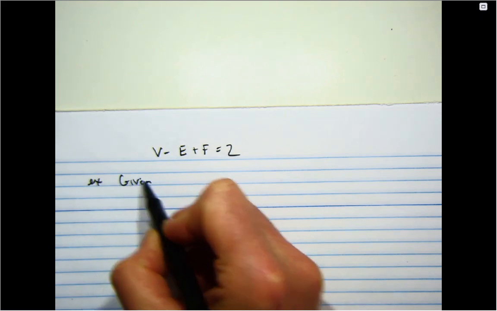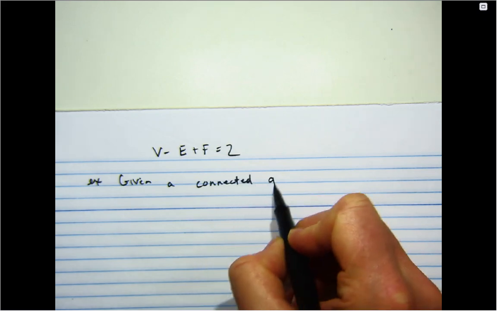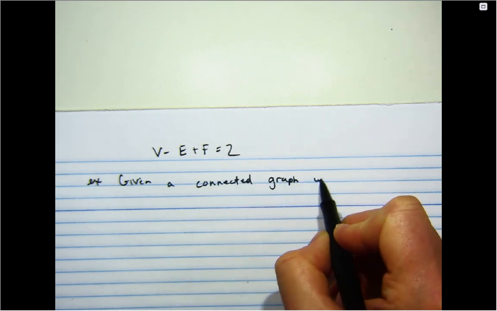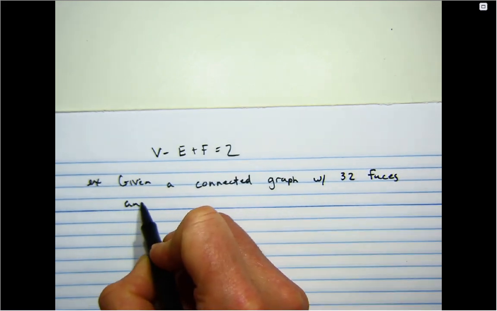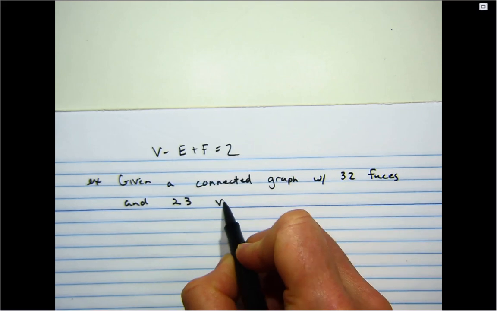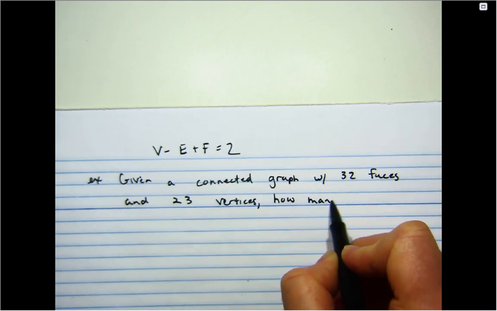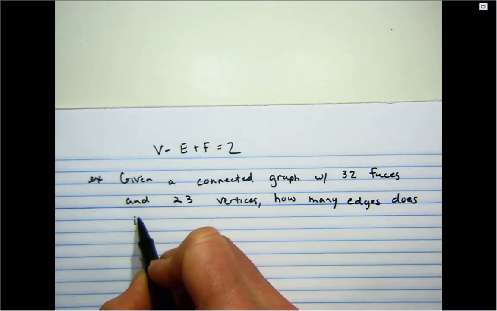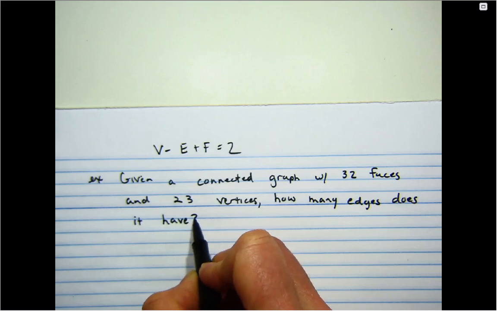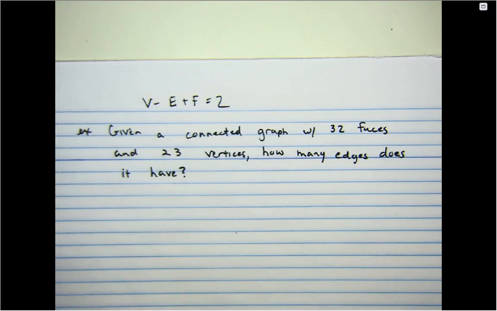So given a connected graph with 32 faces and 23 vertices, how many edges does it have?